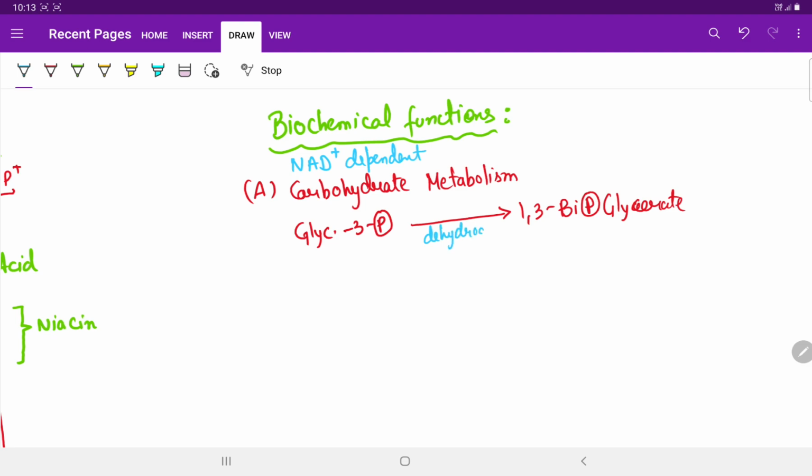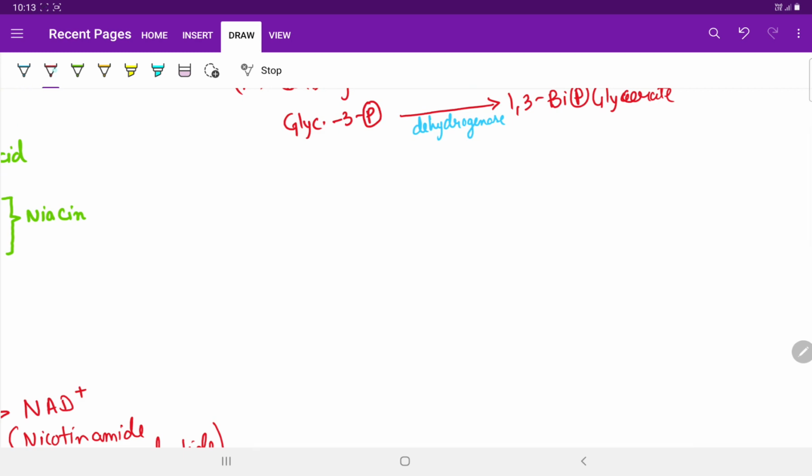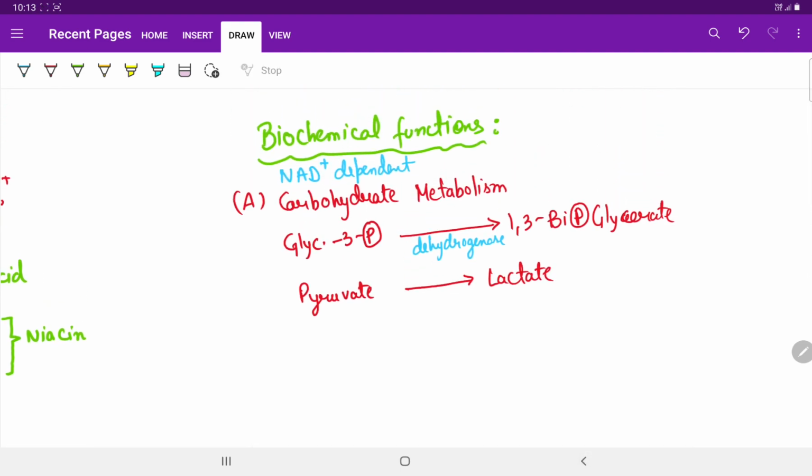Similarly, there is another reaction of conversion of pyruvate into lactate. This is also an NAD dependent reaction that occurs in presence of lactate dehydrogenase, another dehydrogenase enzyme.